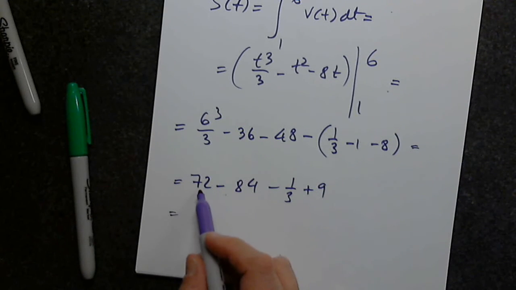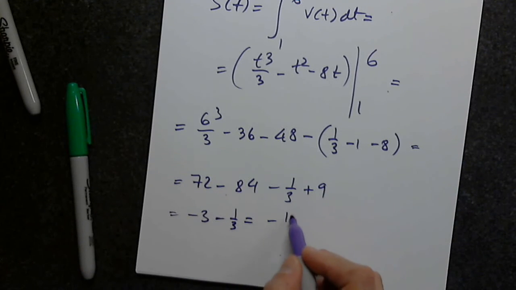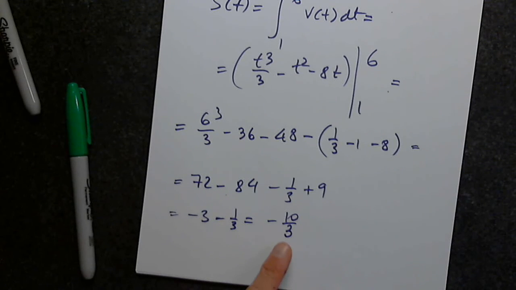Okay, so this is 81. Minus 84 is negative 3 minus 1/3. So this is negative 10/3. What does this mean? It means that the particle moved towards the left by negative 10/3 feet.